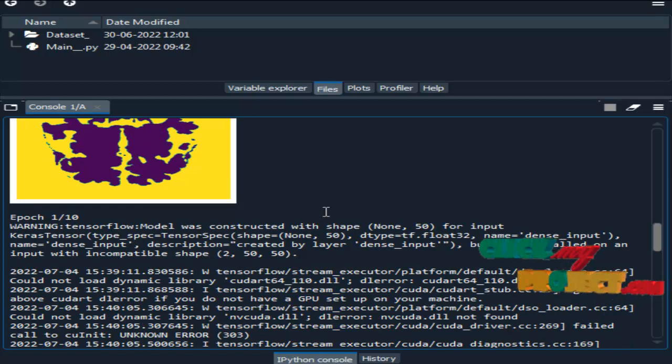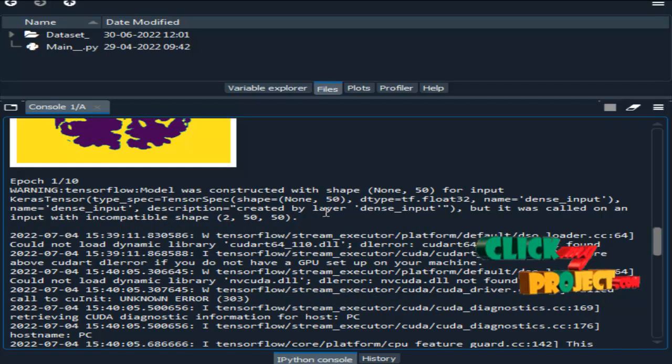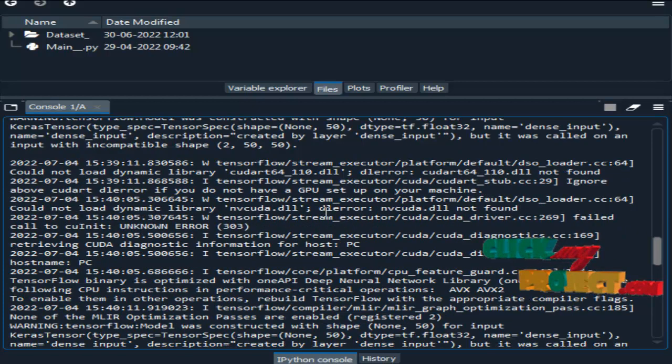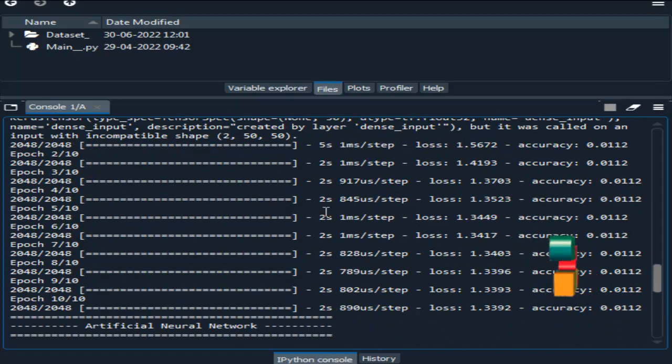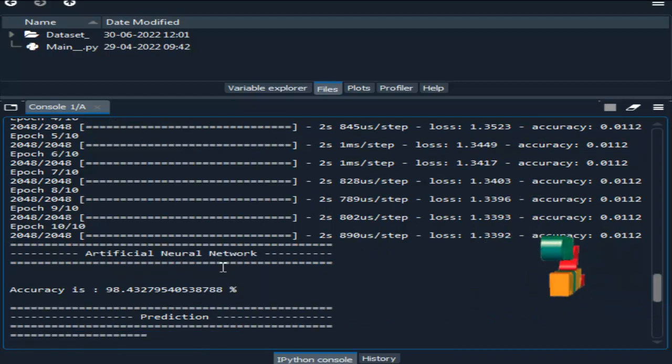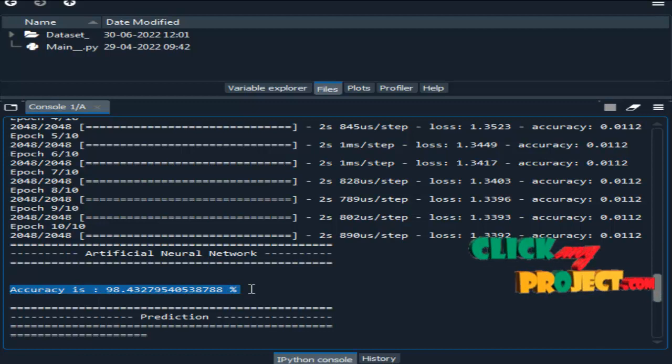Then we implemented the deep learning algorithm, the artificial neural network. With the help of this algorithm we got the accuracy, that is, the overall prediction of how accurately my model performed in terms of percentage.